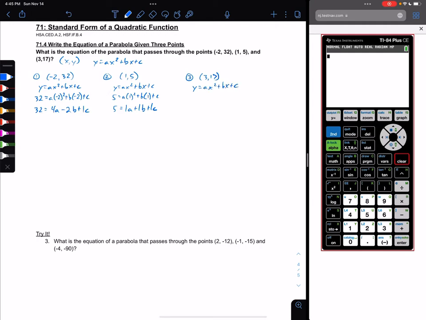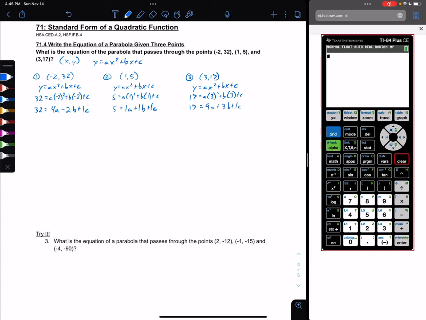Again, we're going to substitute these values in. So y is 17, x is 3. So I have 17 is equal to 3a. Sorry, that should be squared, so not 3a. It should be 9a. Can't read my own writing.